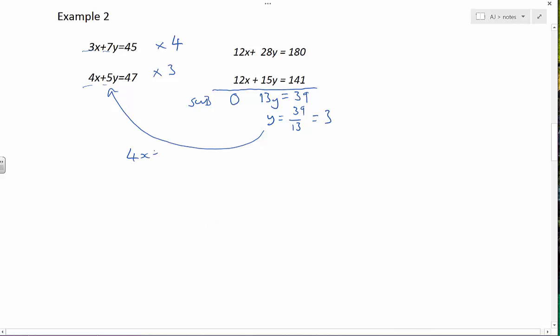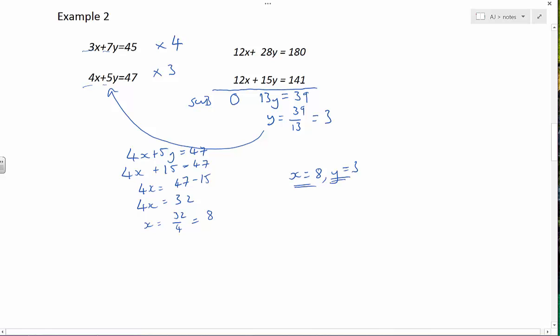So if 4x plus 5y is 47, and we know that y is 3, then 5y would be 15. 4x plus 15 is 47, so 4x is 47 minus 15, which is of course 32. So x is 32 divided by 4, which is 8. So the solution is x equals 8, y equals 3.